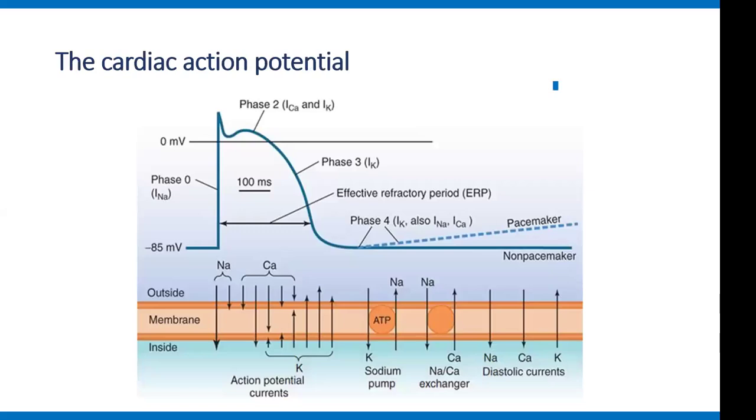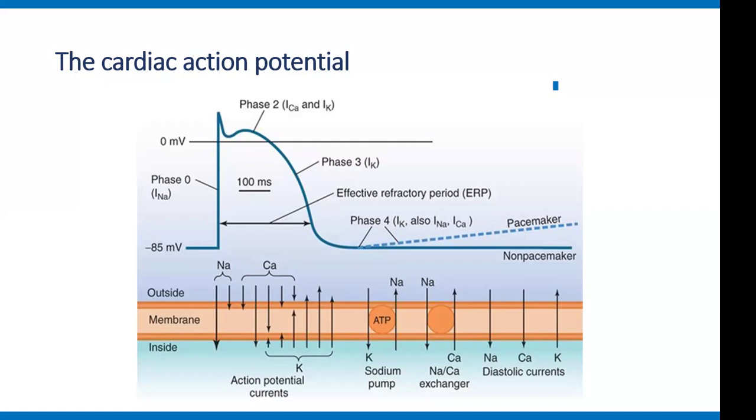So this is a diagram of the cardiac action potential that we have. So this sort of depicts the movement of the main ions that are involved, the sodium, calcium, and potassium ions across the membrane. And this is what actually keeps the inside negative and the outside positive, and then creates the membrane potential or the charge that we have across it.